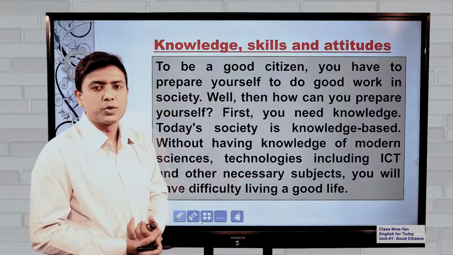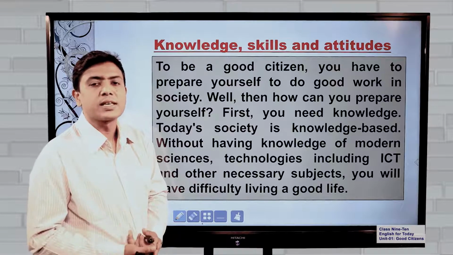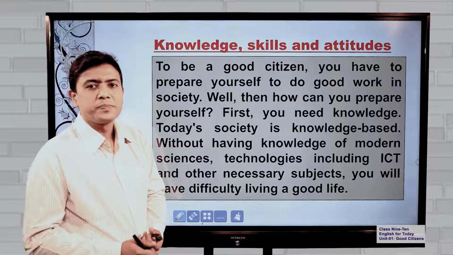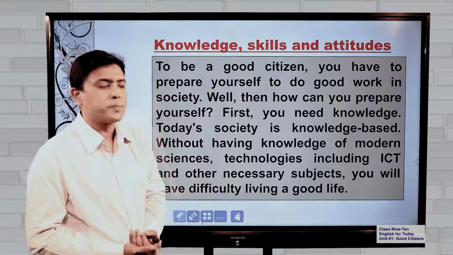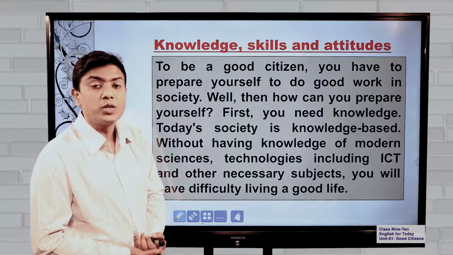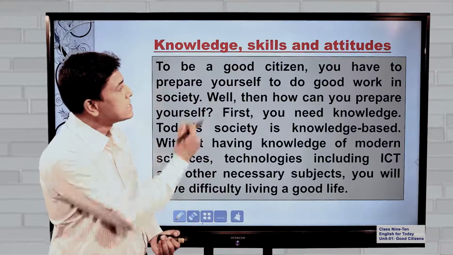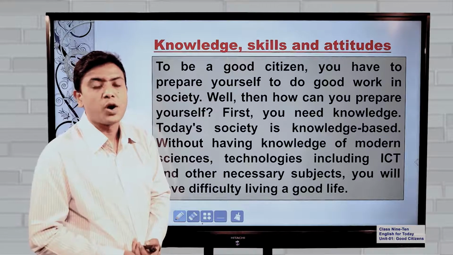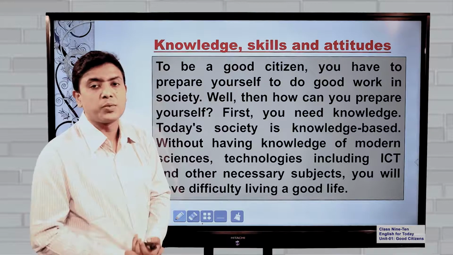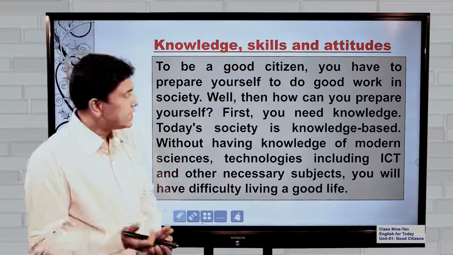How are we going to acquire knowledge? We will discuss very soon. But let us continue more of the text. What else we need apart from knowledge? You already have come to know that skills and attitudes are also two very important parts of our life that we must acquire to be a good citizen. Let us continue more.